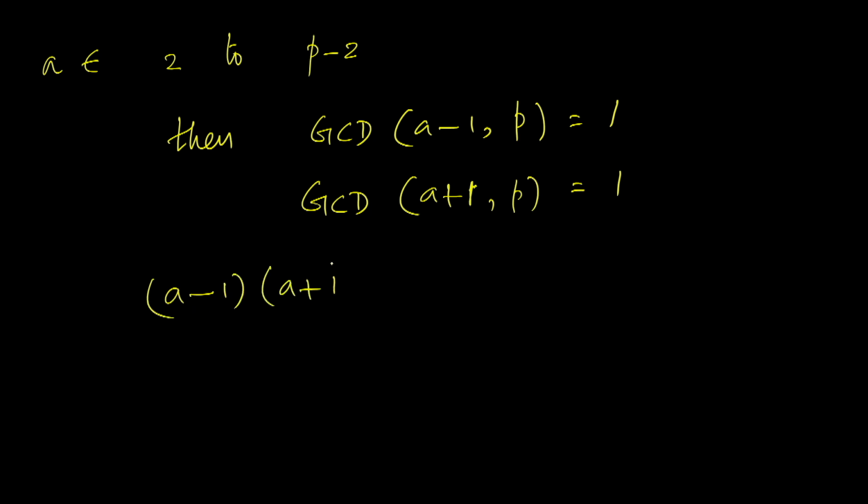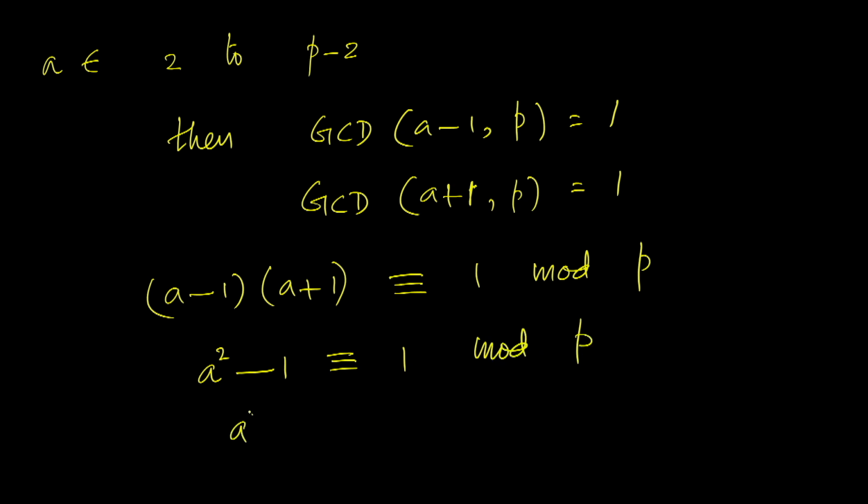A minus 1 and a plus 1 therefore must be congruent to 1 mod p, which means a squared minus 1 is 1 mod p, or a squared is not congruent to 1 mod p.